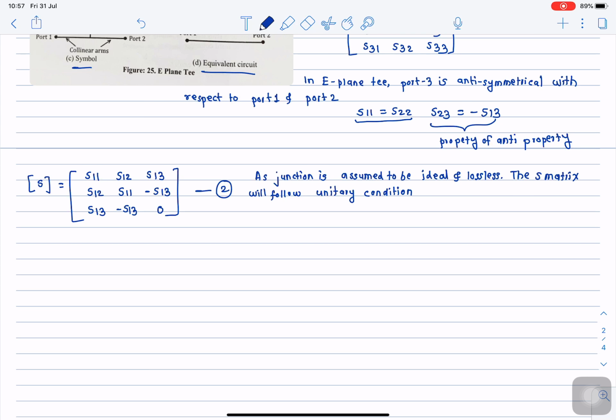Okay, so it will obey unitary conditions.